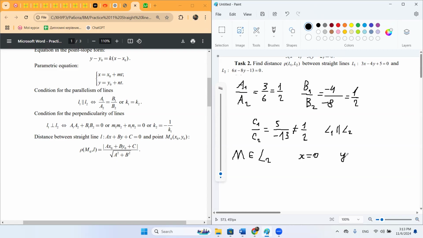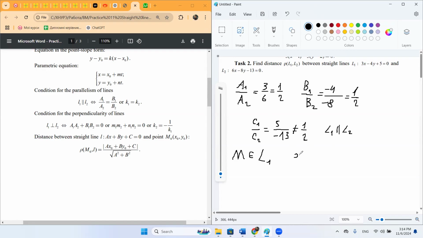Well, as I see, it's better to choose another point just for convenient calculations. So I believe that it's better to choose L1 and use another point. It doesn't depend on which point we choose, but we want to simplify our calculations.